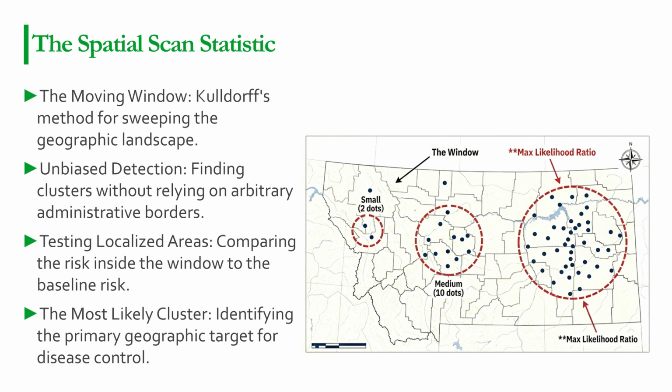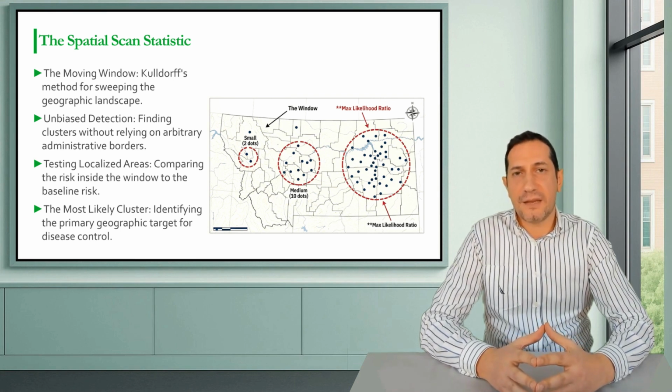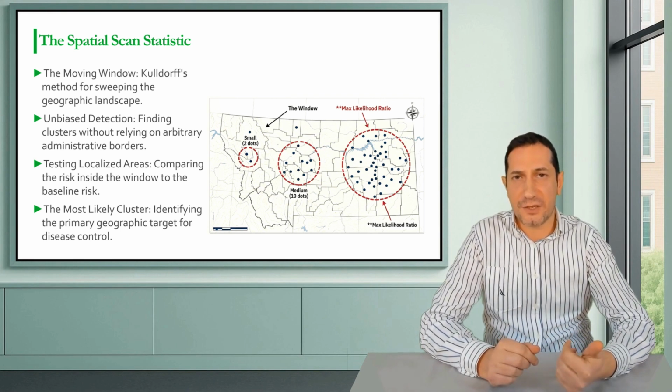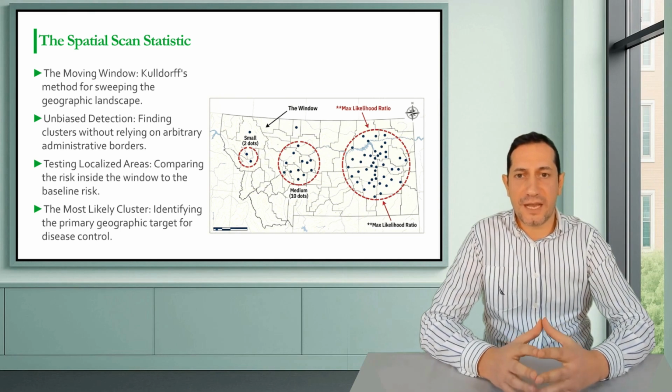The algorithm repeatedly compares the disease rate inside the window with the baseline rate outside the window. This allows the analysis to detect the natural biological footprint of an outbreak without being constrained by political boundaries. The window that produces the strongest evidence of elevated risk is identified as the most likely cluster, and it becomes the primary focus for investigation and control.